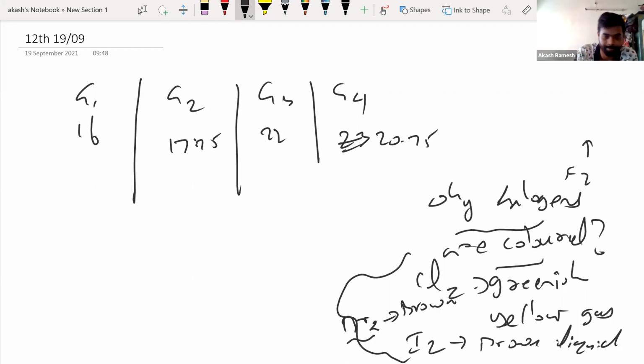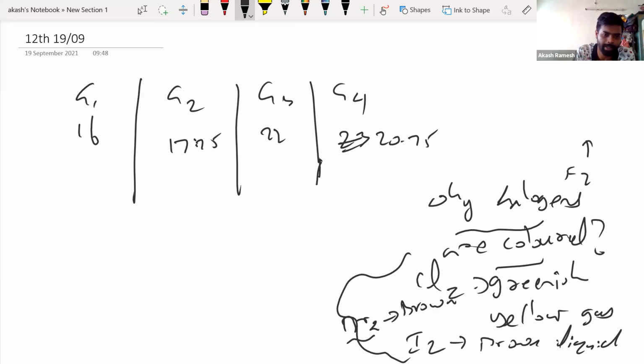Because from fluorine to iodine, atomic radius increases, since iodine is the largest halogen atom and fluorine the smallest. So the energy levels become closer, and therefore on moving down the group, color deepens. From fluorine to iodine, color will increase.